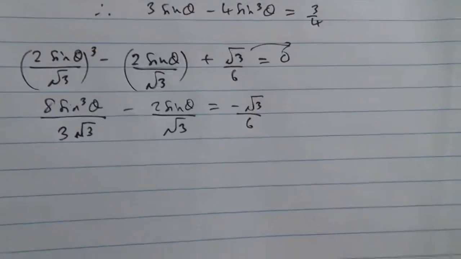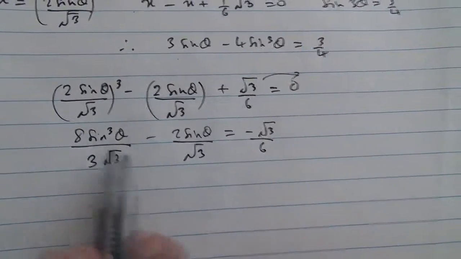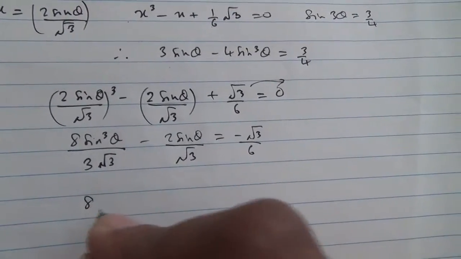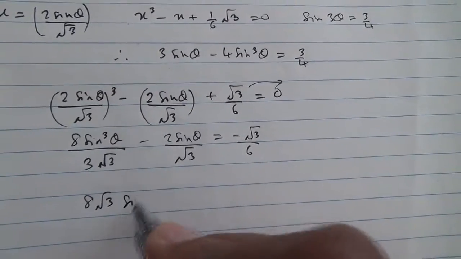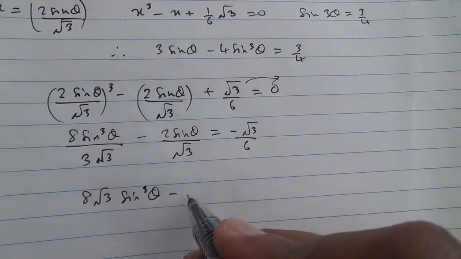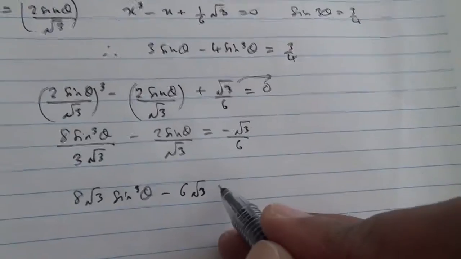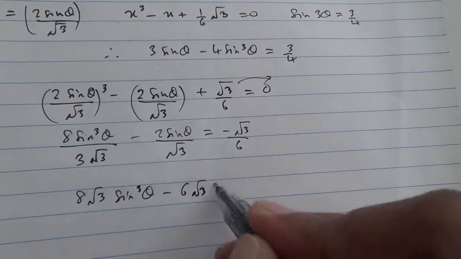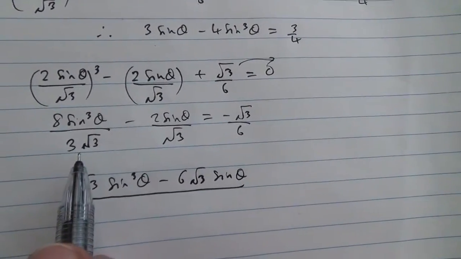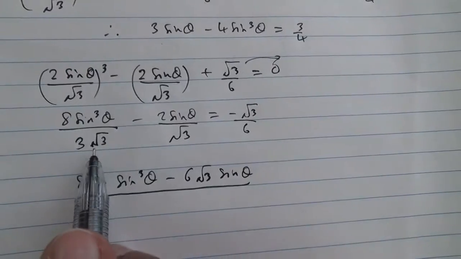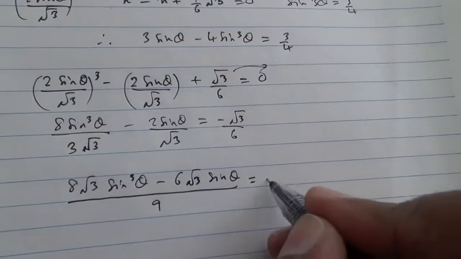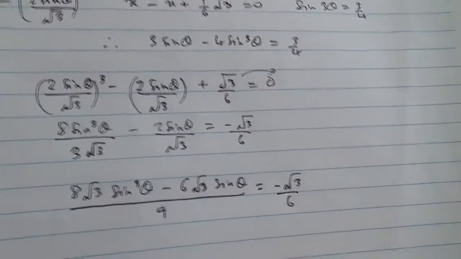Okay, so from here, what do we do? We can cross multiply. Root 3 times 8 is 8 root 3 sine cubed theta, minus 3 root 3 times 2, which is 6 root 3, times sine theta, all divided by the product of the denominators. Root 3 times root 3 is 3, times 3 is 9, so over 9 is equal to minus root 3 over 6.